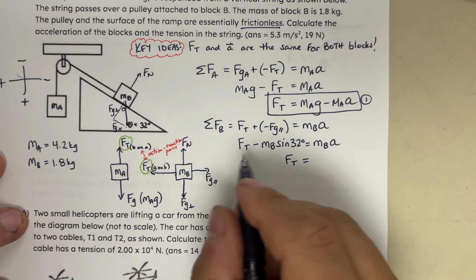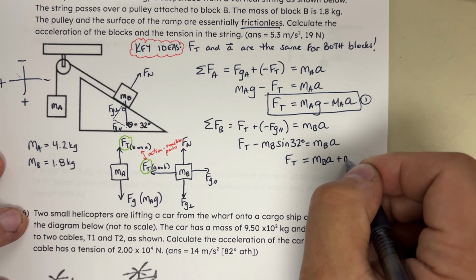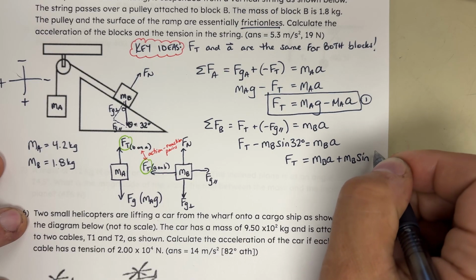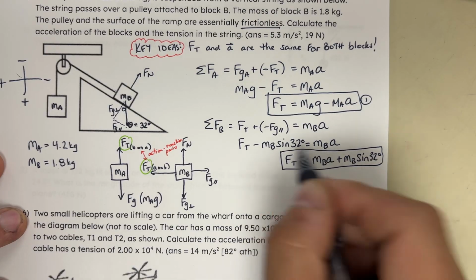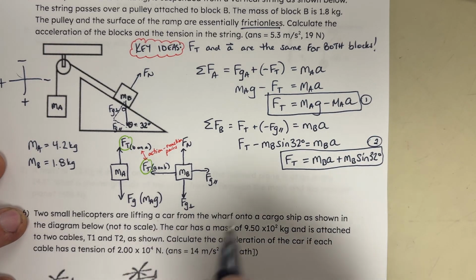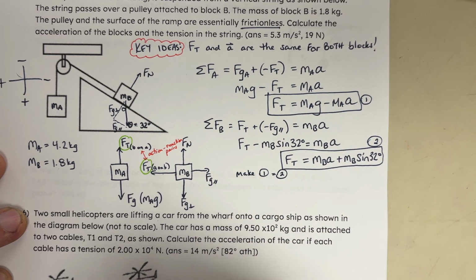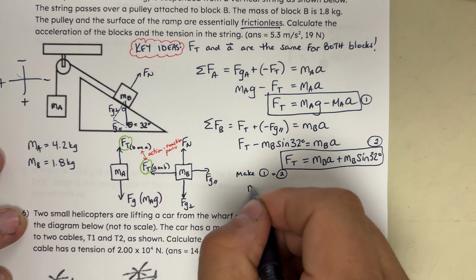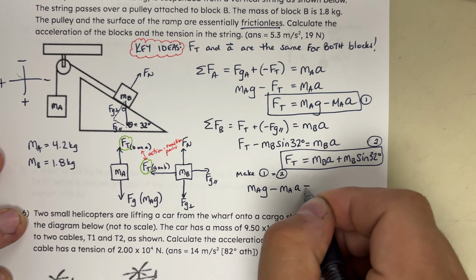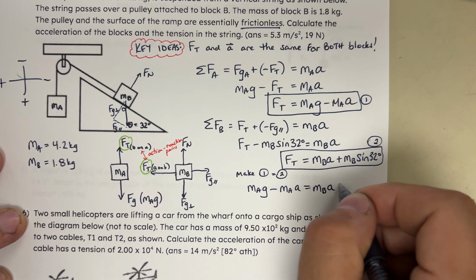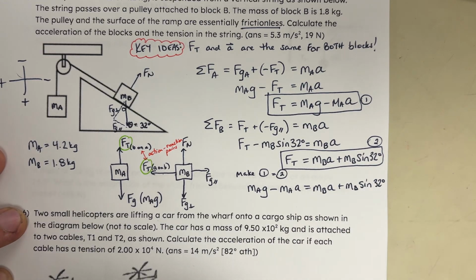So the force of tension is going to be my mass of B times the acceleration, adding my mass of B sine 32. And this is going to be equation number 2. Now I'm going to make 1 equal to 2 here. So I'm going to say mass A G minus MA A equals MB A plus MB sine 32.